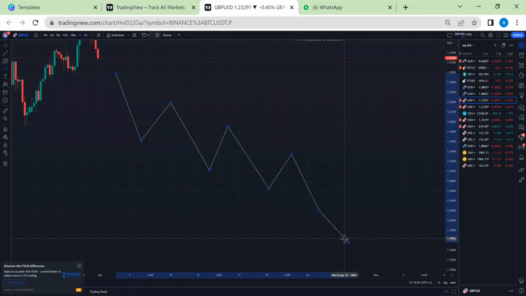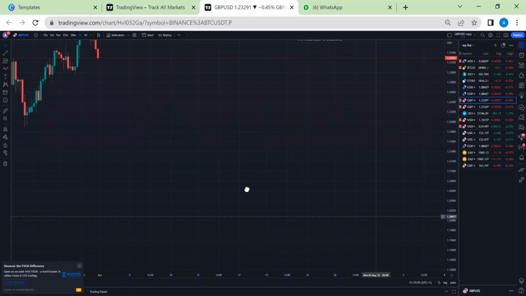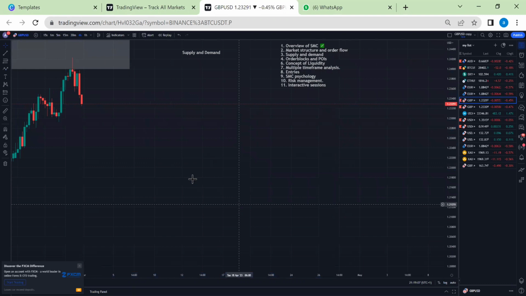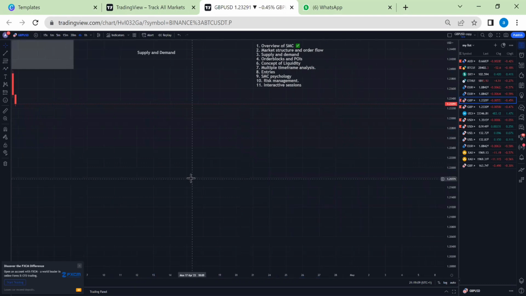So from this, we can say that the price market structure of any asset can be seen in a zigzag pattern. You know, when they say something is zigzag, this is exactly zigzag, right?